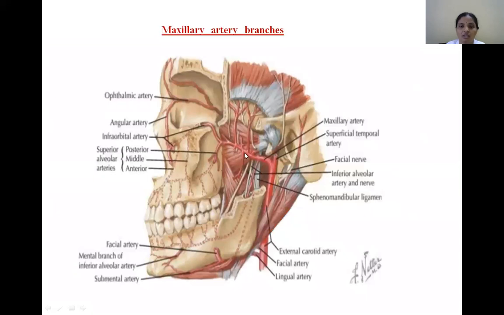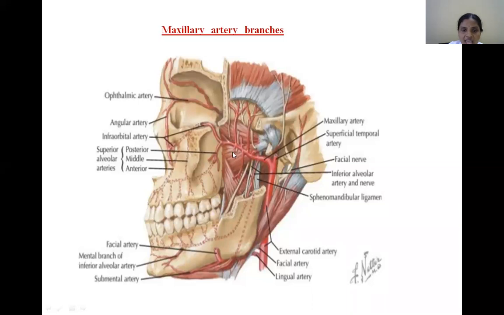Here you see, this is the infratemporal fossa, exactly behind the neck of the mandible. So what happened? The external carotid is bifurcating. This is the superficial temporal and this is the maxillary artery. Identify the maxillary artery from its origin to the lower border of the lateral pterygoid. This is the first segment. And on the surface of the muscle, this is the second segment.